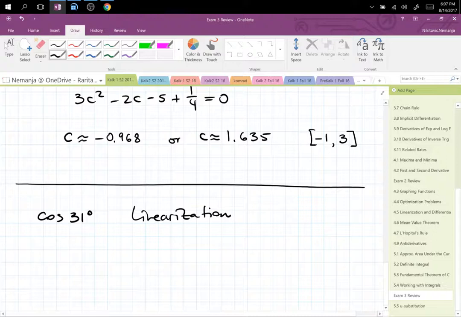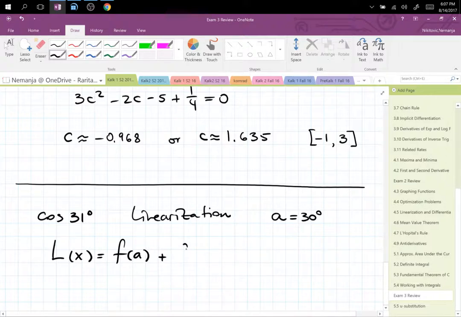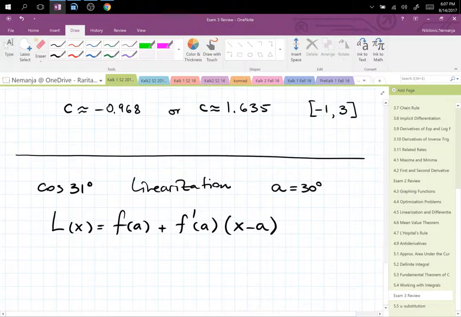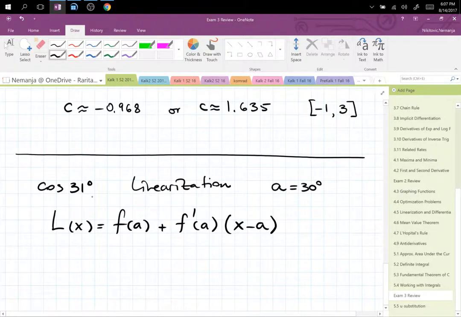We are going to pick a value a to be 30 degrees because that is close to 31 degrees and it's good and easy for calculation. Linearization formula: L(x) is f(a) plus f'(a) times (x minus a). This 31 will be x later on. Right now we are going to just use 30 as means of calculation.